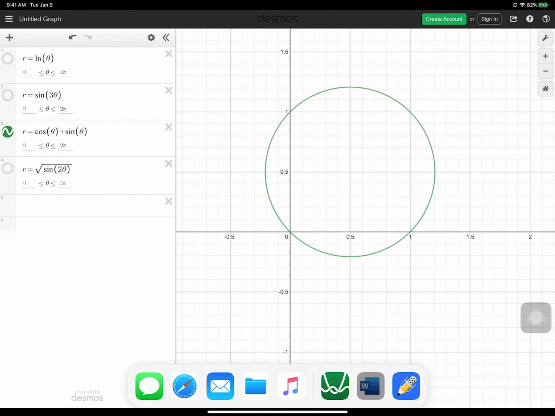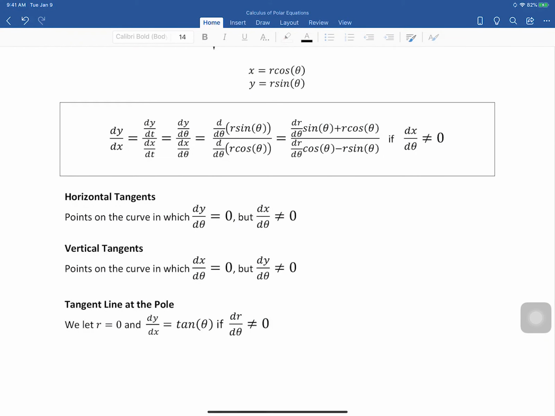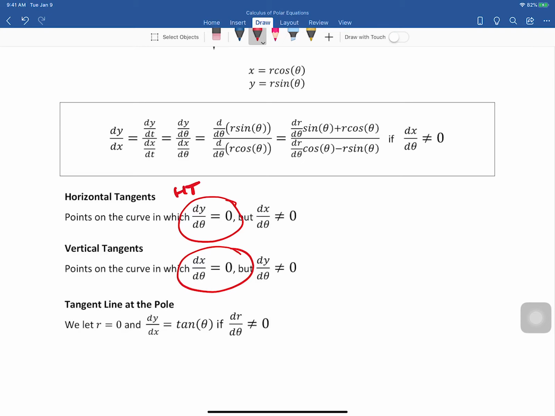So we need to go back and remember, for horizontal tangents, dy d theta needs to be 0. This is for horizontal tangents. For vertical tangents, dx d theta is 0.